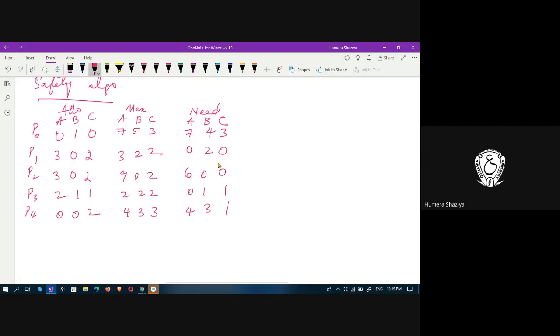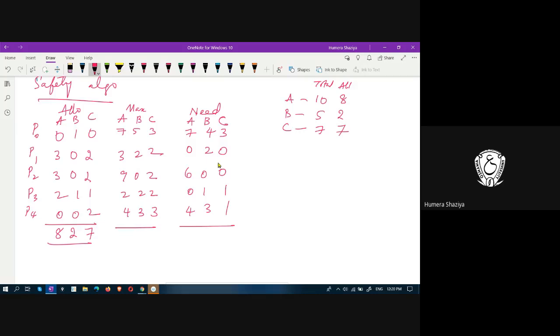Okay, and the resources A, B, C total 10, 5, 7. Now how many are allocated? If you sum this up, you get 8, 2 and 7. So out of 10, 8 are allocated here, 2 allocated here, and 7 allocated here.